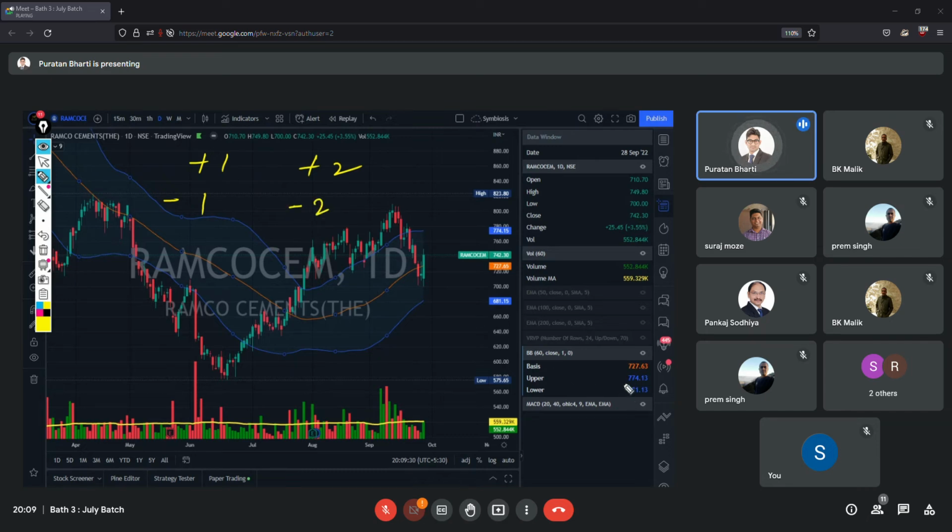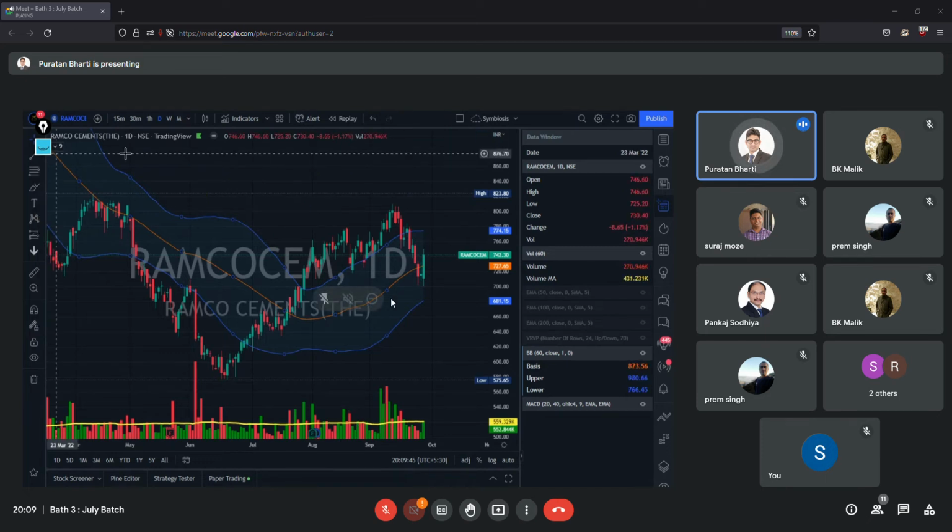So if you're looking at the data right now, this is plus minus one standard deviation, which tells you that roughly 774 is the upper band. The lower band is probably 681.